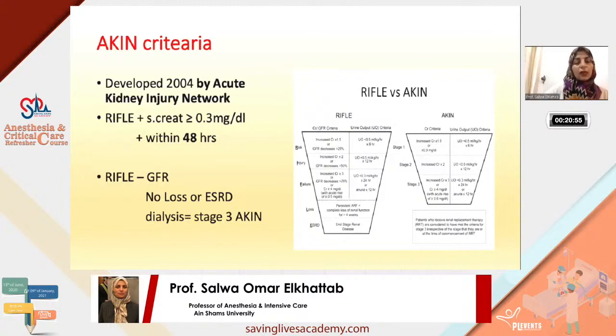They are not using GFR, and there is no loss or end-stage renal disease, or they come under stage 3. It is similar to RIFLE criteria as regards urine output and serum creatinine, in addition to an increase in serum creatinine of equal or more than 0.3 milligram per deciliter. This increment is considered abnormal.